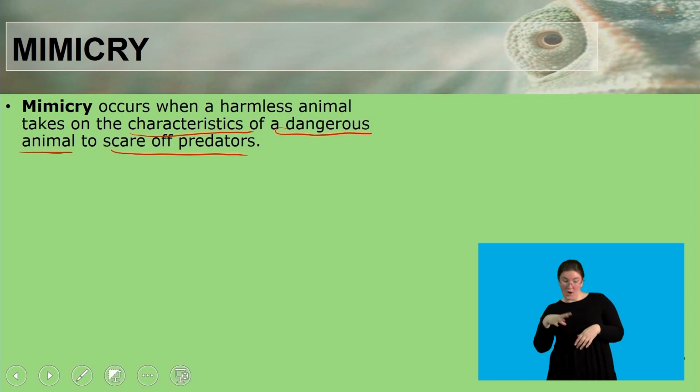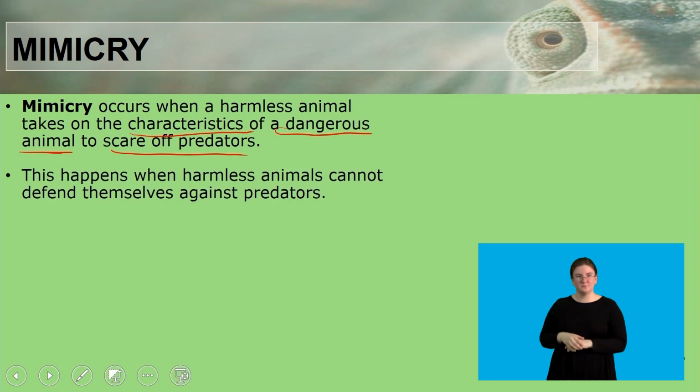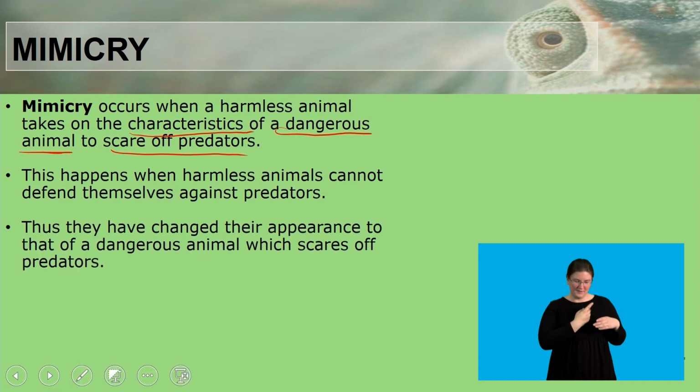So here we see how a harmless animal imitates or mimics a dangerous animal to save itself from being hunted or preyed on. This happens when harmless animals cannot defend themselves against predators. Thus, they have changed their appearance to that of a dangerous animal, which scares off the predators.